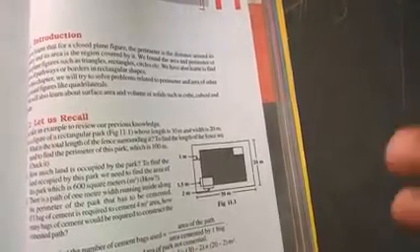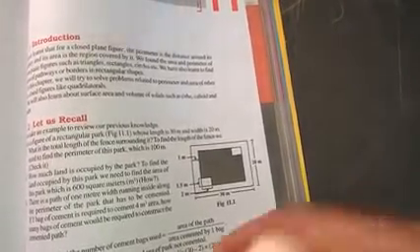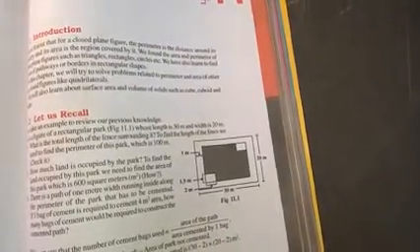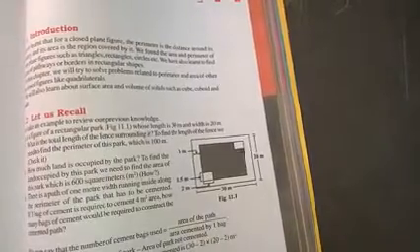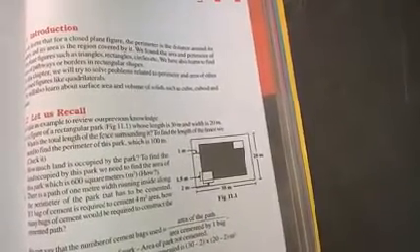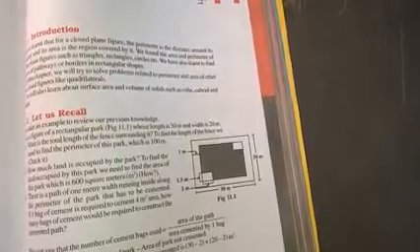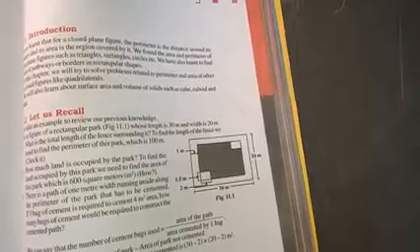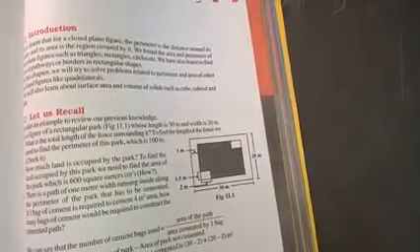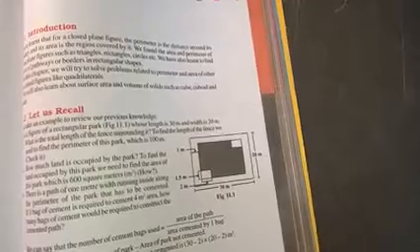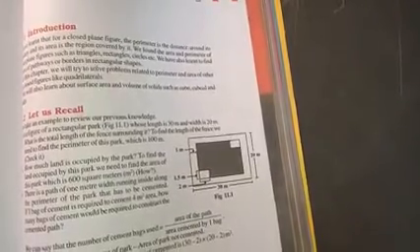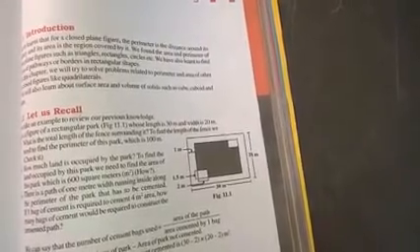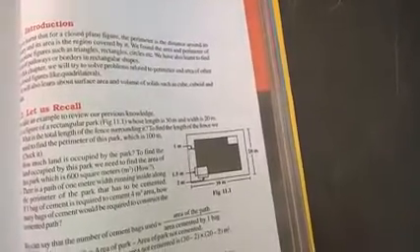In the previous class we also studied solid shapes, solid figures like cone, cuboid, cube, and spheres. Already we have discussed these types of solid figures. And in the earlier class you studied the circle, its definition.